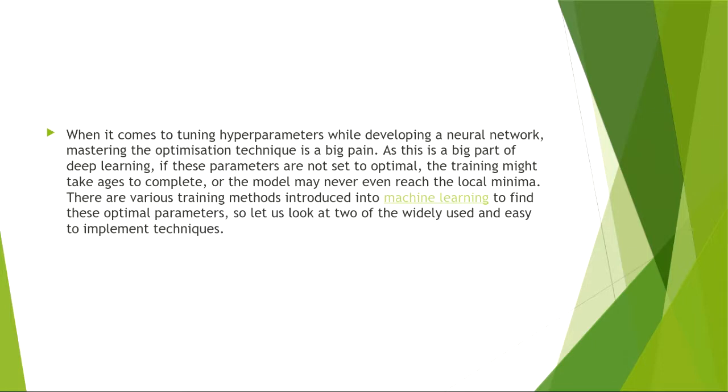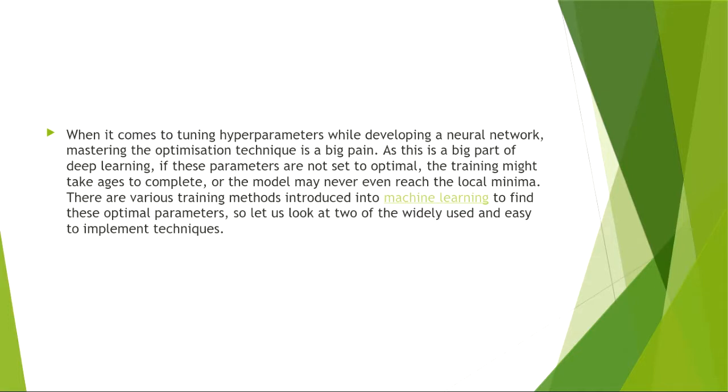And that is where your model can reach a stage of local minima. I'll tell you all these words. Your model will reach that local minimum point, and that minimum point is known as local minima. And thus there are various types of training methods introduced in machine learning, so that we can train these models and find the optimal parameters.